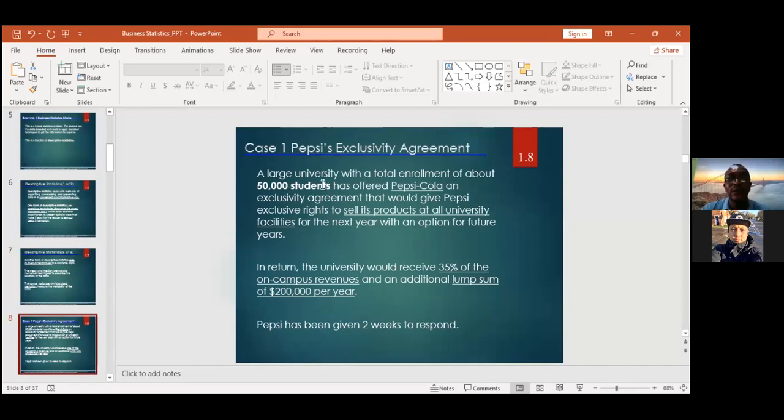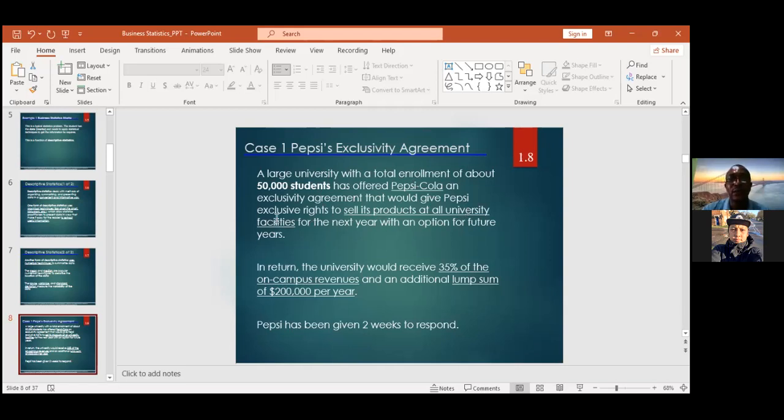A large university with a total enrollment of about 50,000 students has offered Pepsi Cola. I'm sure you all know Pepsi. Pepsi Cola, an exclusive agreement that will give Pepsi exclusive rights to sell its products at all university facilities.